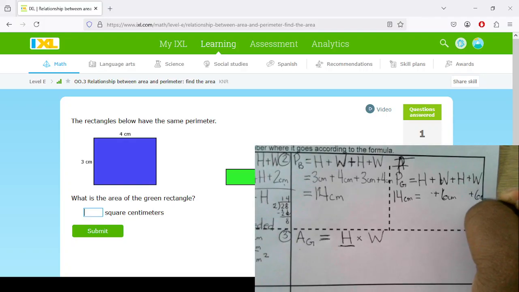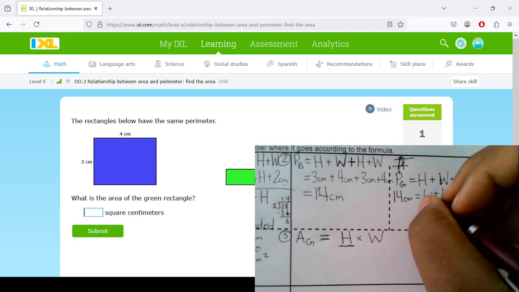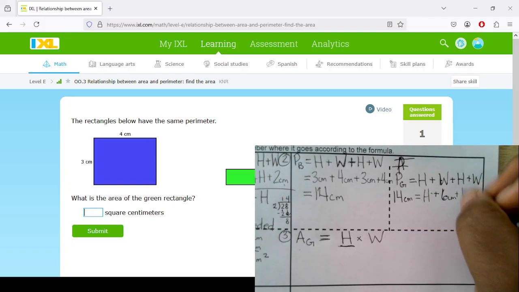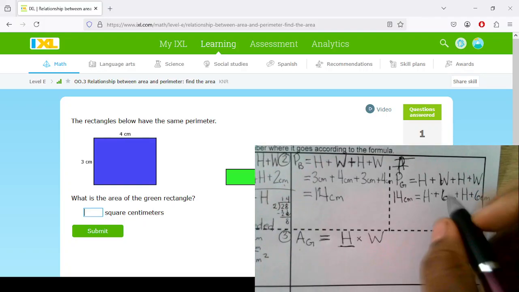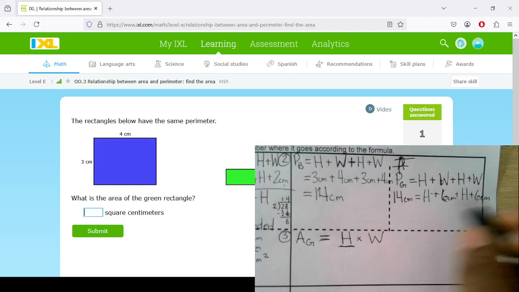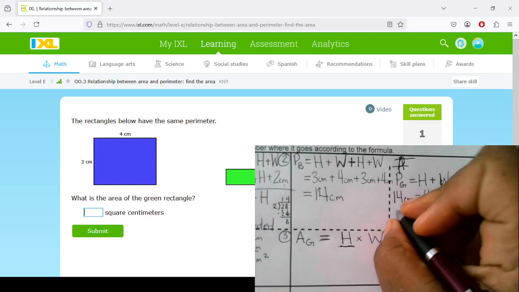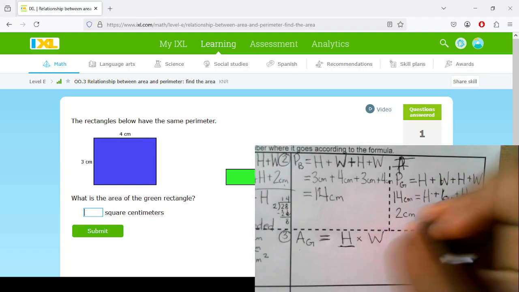So I'm going to copy that in where it goes. But I don't know the height. I don't know the height dimensions yet, but I know how to find it. I'm going to do 14 minus 6 minus 6. I'm going to subtract the dimensions that I know to find the other dimension. 6 and 6 is 12. 14 minus 12, that's 2 centimeters.